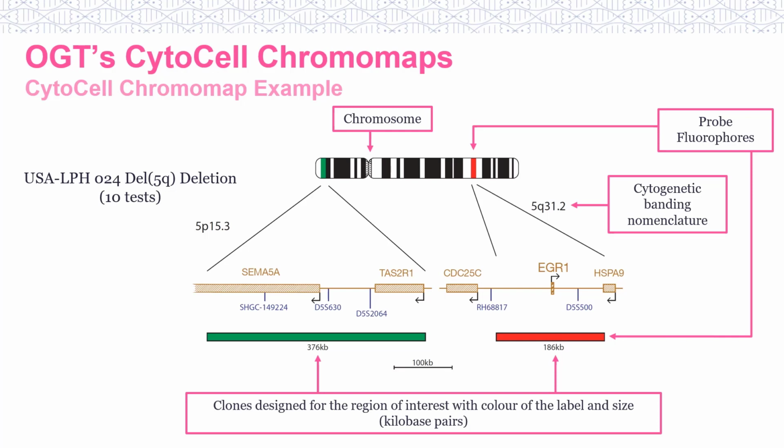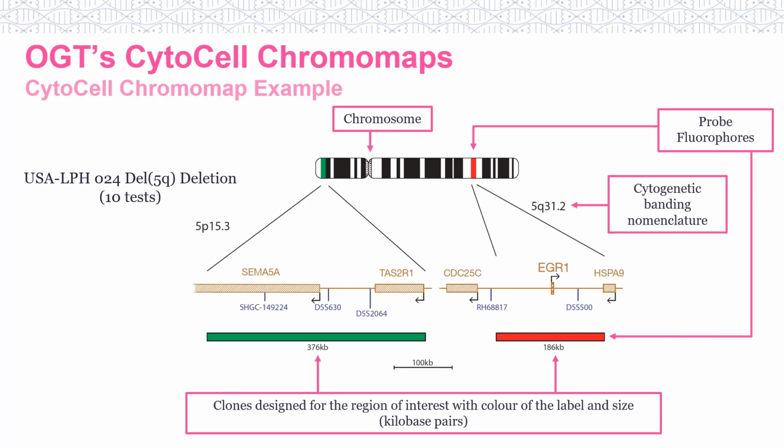In this example chromomap for the FDA-cleared probe kit USA LPH 024 del(5q) deletion, we see the fluorophores represented on a chromosome 5 ideogram at the 550 band level.